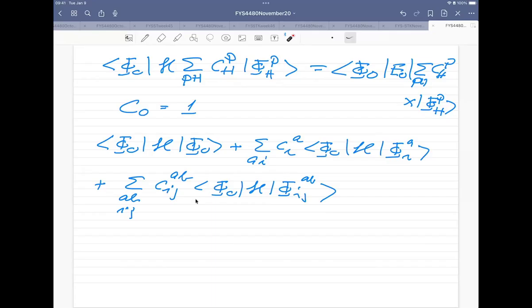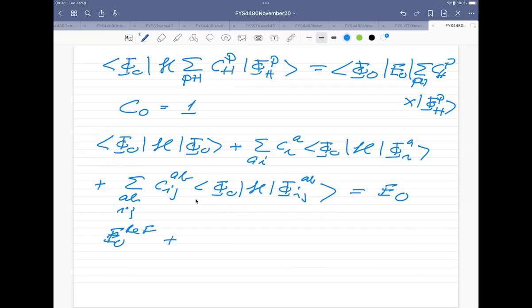If you spool back in time and look at the exercise you did in the third or fourth week on the Condon-Slater rules, this is a consequence of that. And this is nothing but E0 ref, which we get from the first term.